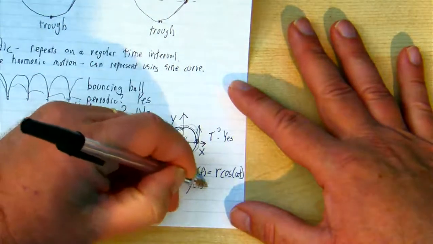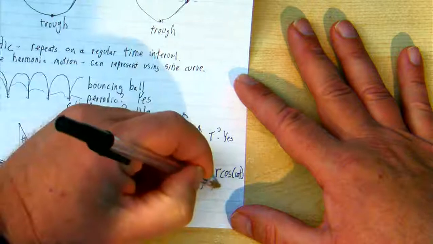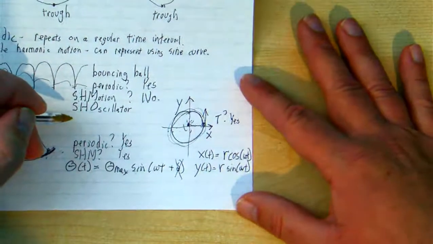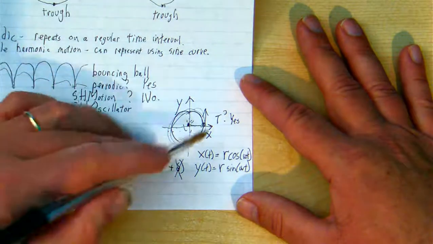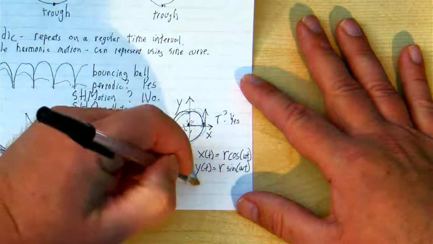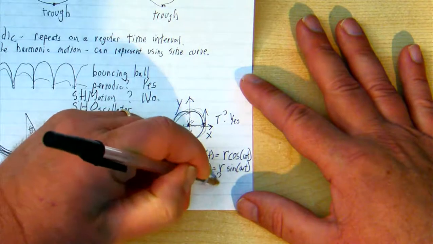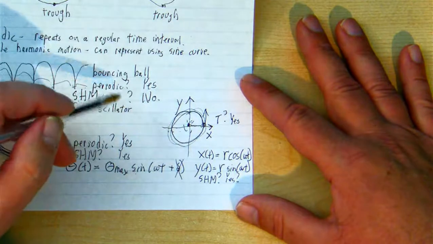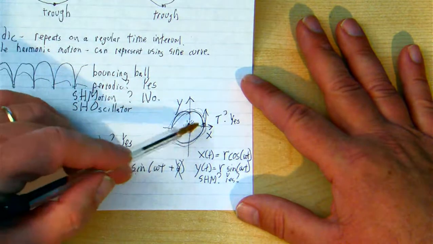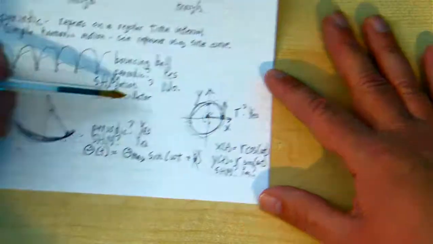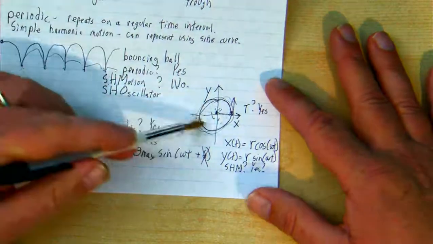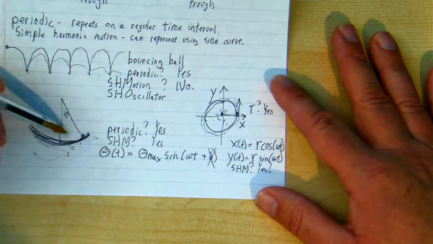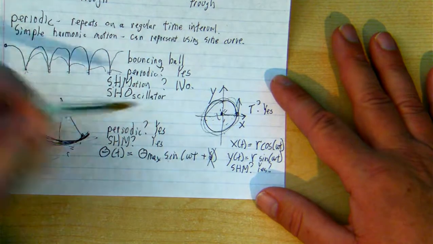The y-coordinate can be represented as the radius of the circle times the sine of its position as a function of time. So it turns out a circle can be represented as simple harmonic motion as it goes around and around, at least in my opinion. Now, when you read your CK12 assignment, if they ask you which one of these is simple harmonic motion, and there's only one right answer, I think you better go with the pendulum, not with the circle.